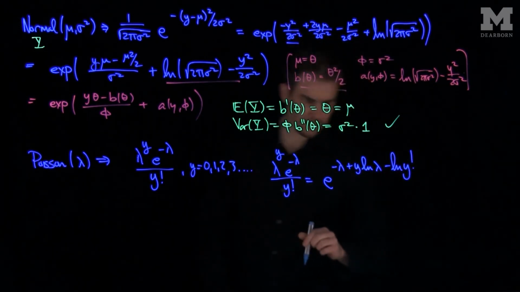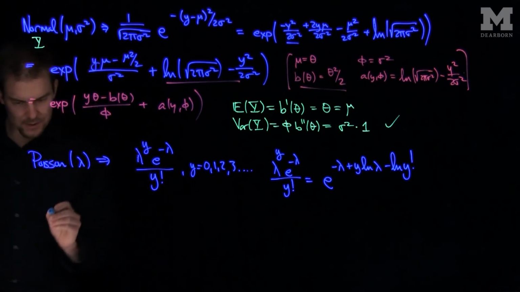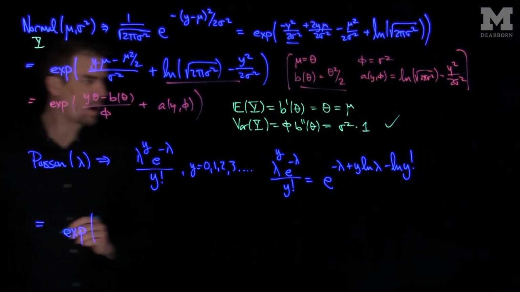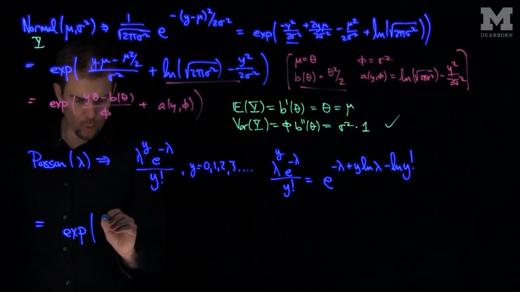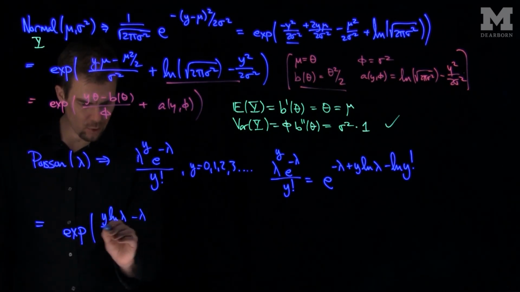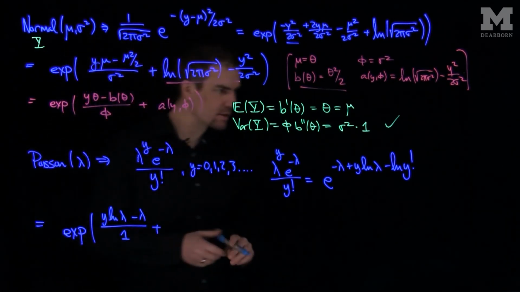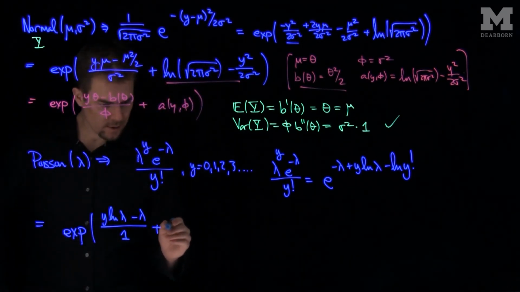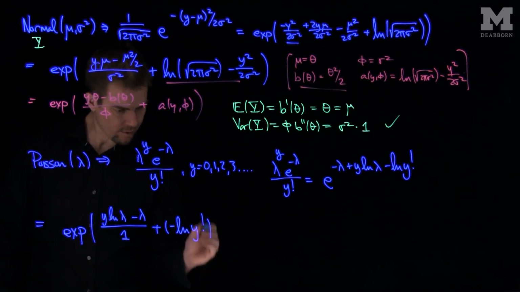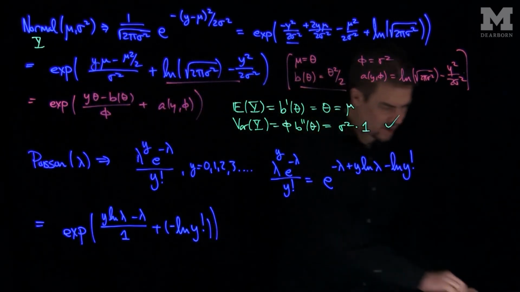And so what we have over here, if we simplify this, is exponential of y times the log of lambda minus lambda. I'll put over 1 over here. And then I'll put a minus the natural log of y factorial. And now what I'll do is I'll make our transformation to turn this into linear exponential.